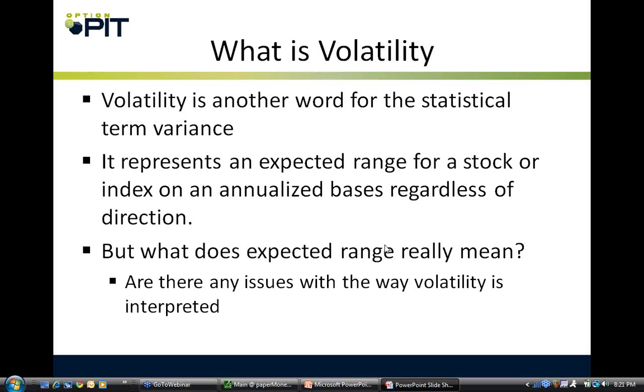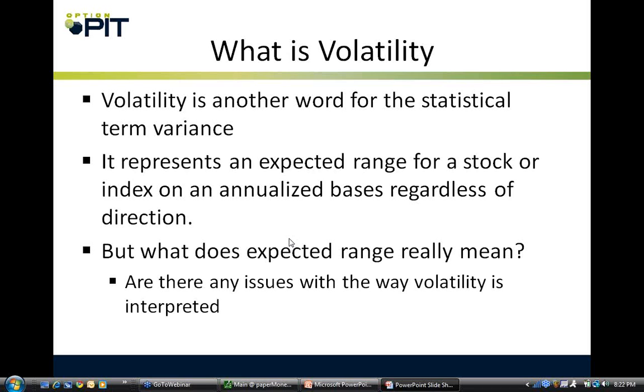Okay, so the basic point is that volatility is another term for variance. I'm going to start there. Basically, variance means how much a stock is going to move on an annualized basis, probably. I like to use the term probably as a general thought.